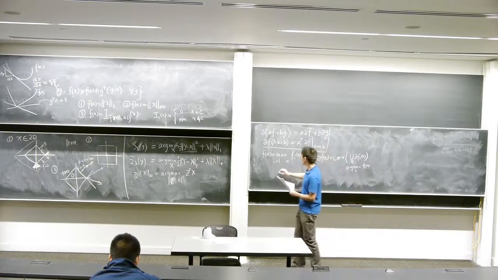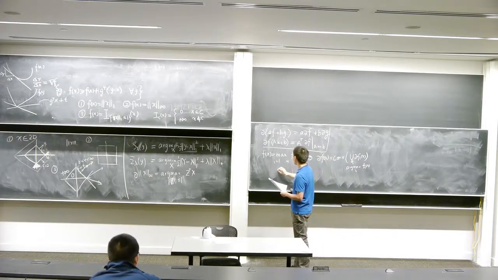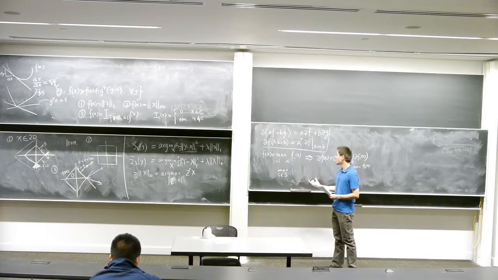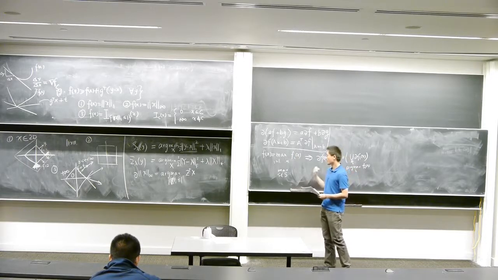And it's also true under mild conditions by replacing this I with a real index. So it's not limited to be finite or countable. It could be anything, a real number.